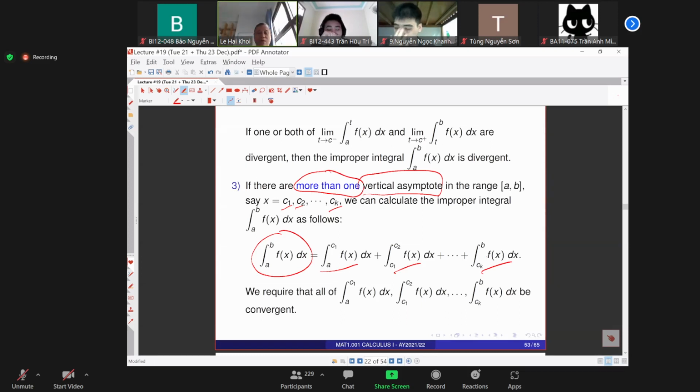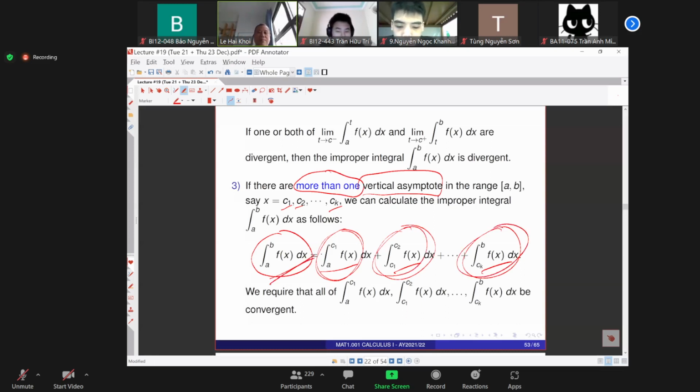Of course, this requires all improper integrals to converge. Then you have convergence of the given integral. If at least one of these integrals diverges, your integral from a to b also diverges. Okay?